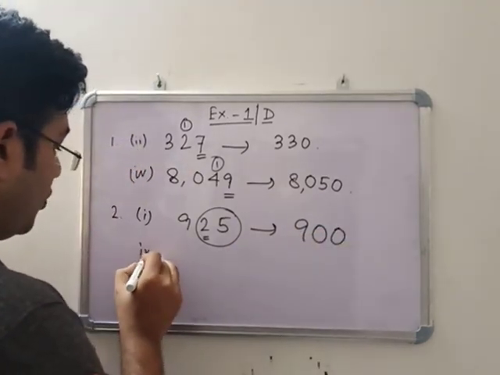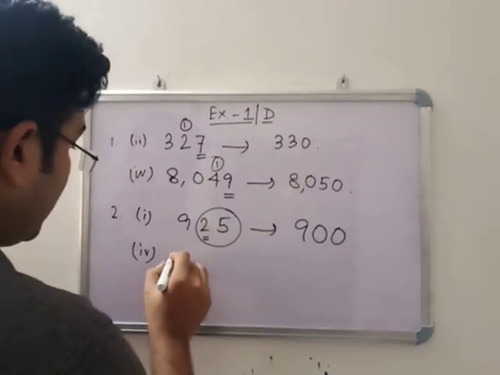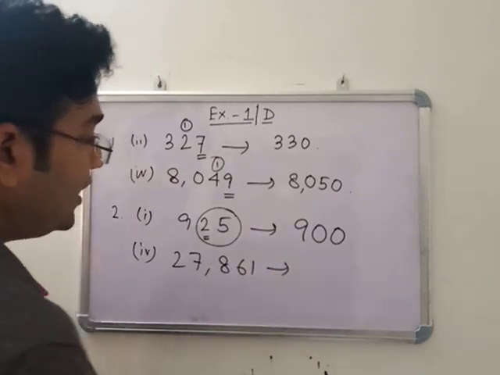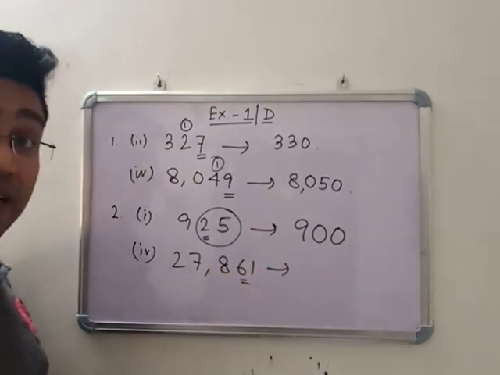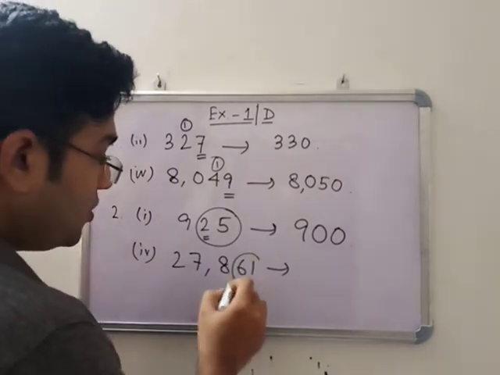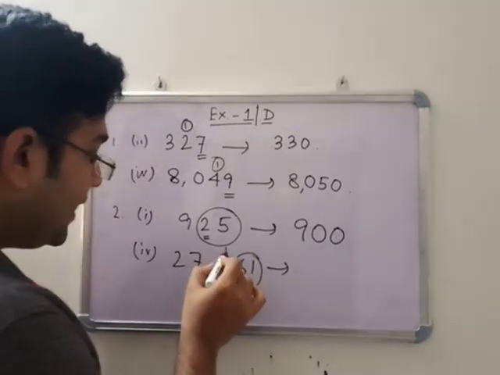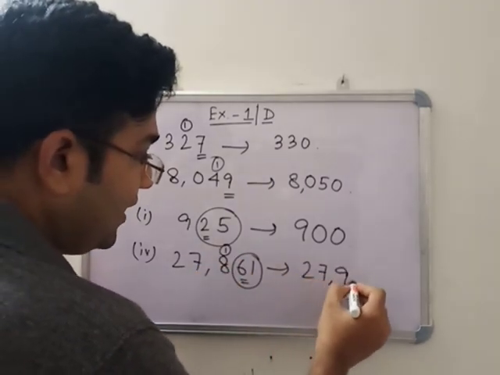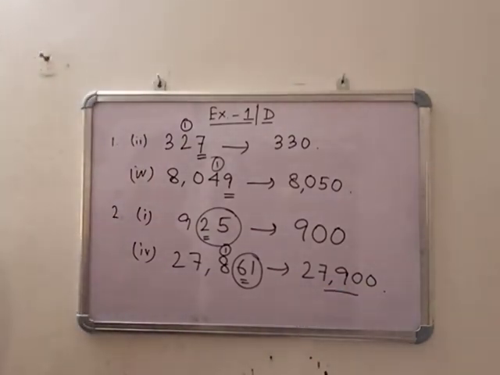And number 4, see that? 27861. So that means this last 6, 6 means greater than 5. Also 61 is also greater than 50. That means 1 is added here. That means 27900. Okay. Note it down all of it.